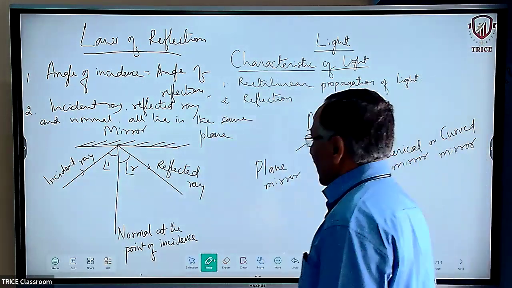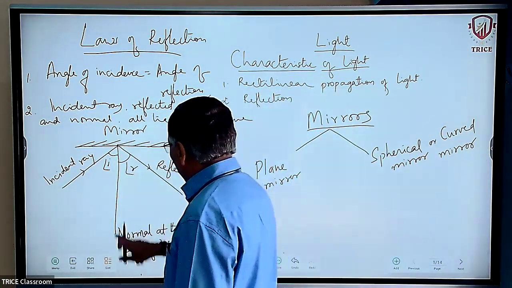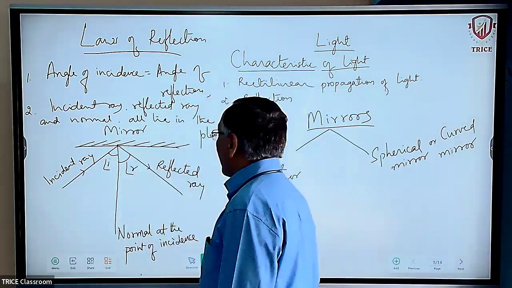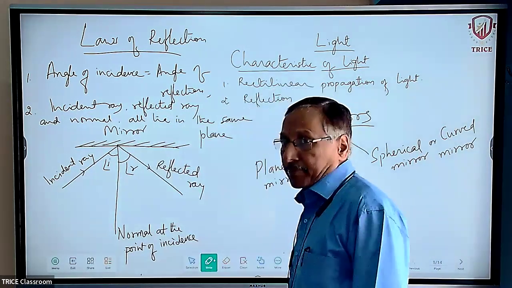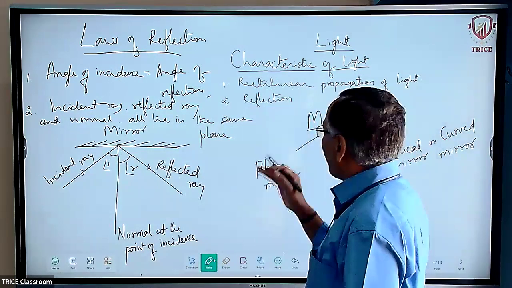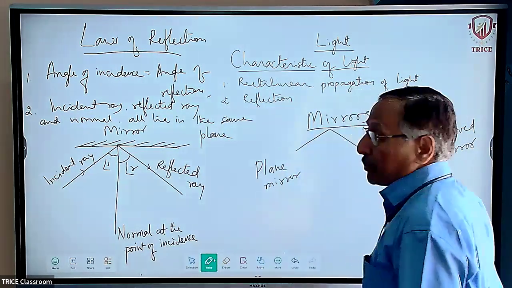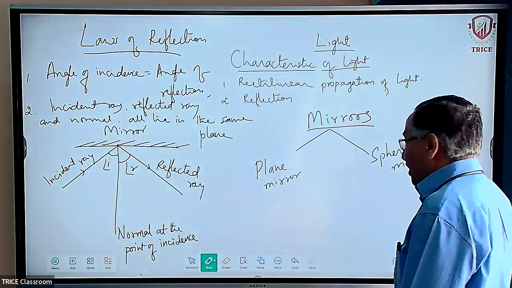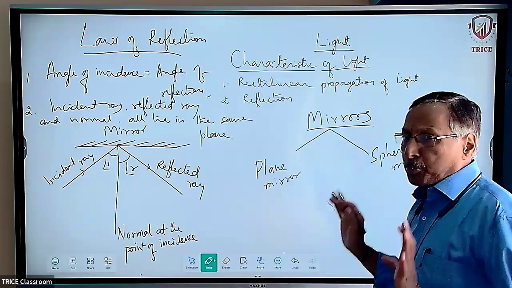And the second law is that the incident ray, the reflected ray, and the normal at the point of incidence all lie in the same plane. These are the two laws of reflection. These laws of reflection are obeyed by both the plane mirror as well as the spherical mirrors. It applies to both, right?